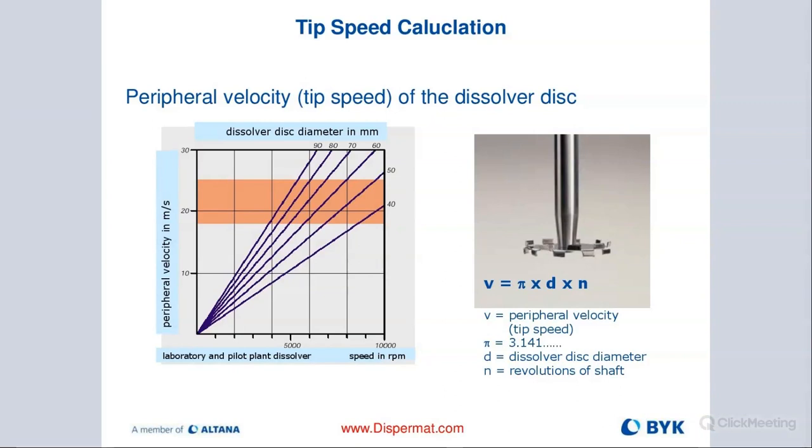So if it's, let's say, a 50 millimeter blade, you would use 0.05, times pi, times the RPMs, divided by 60. That would get you to the meters per second that would be indicated on the Dispermat, on the control panel.